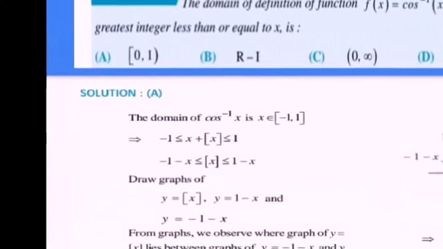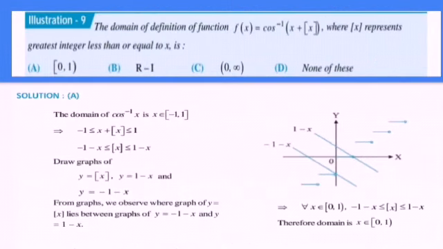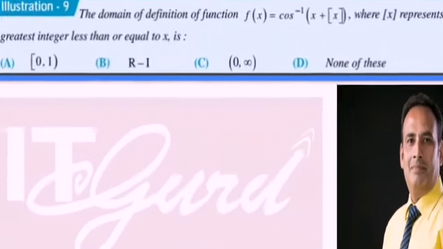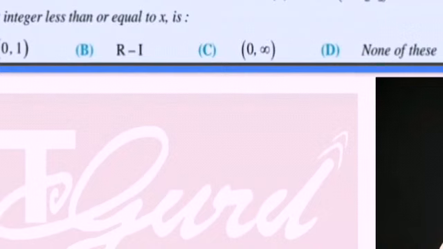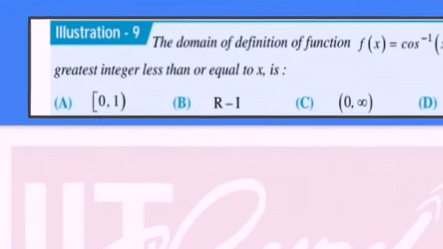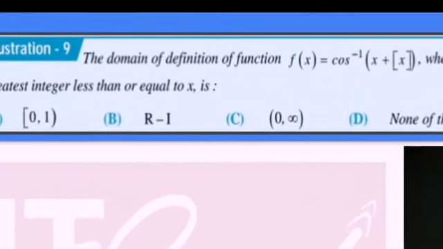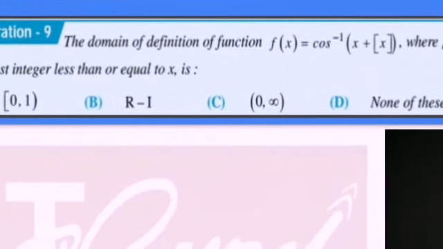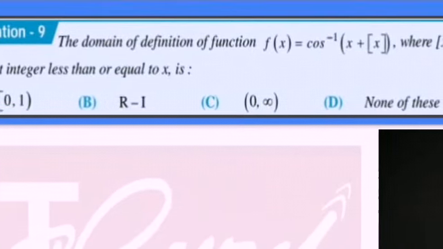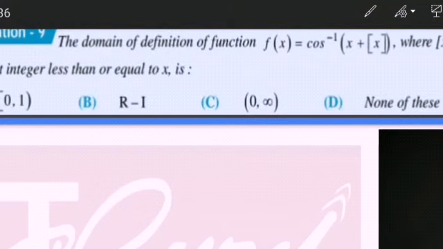So g of x is sandwiched between both lines, minus 1 minus x and 1 minus x. We can see very safely that x belongs to 0 to 1, where g of x vanishes on the x-axis and lies between these two parallel lines. So that is the solution, and this is the domain of this function.